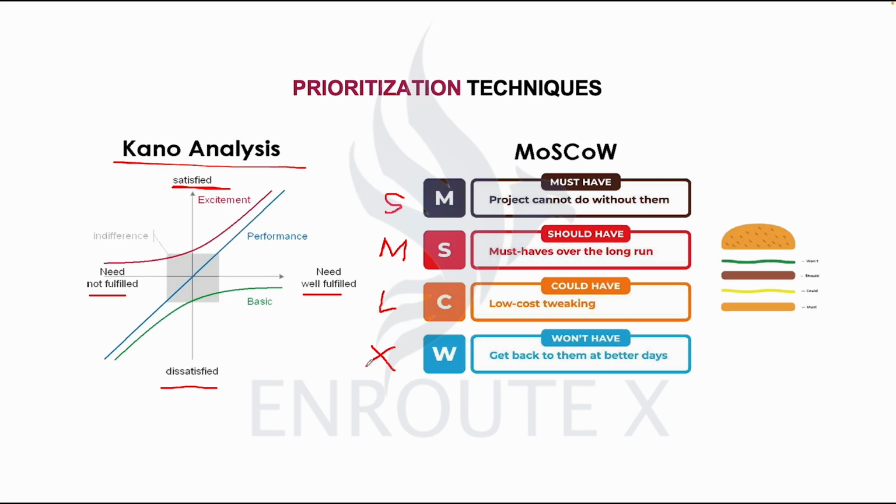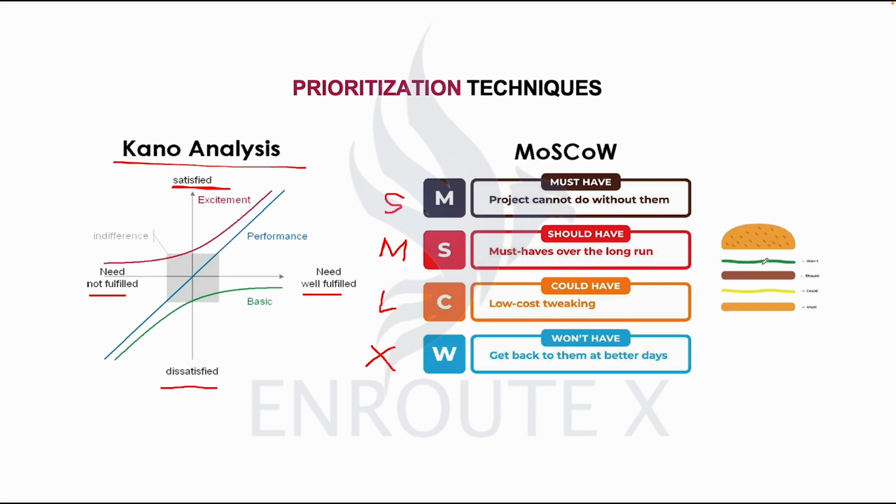So you want to quickly achieve the must haves first, then the ones you want to focus on when you have some more time. Lastly, the ones you want to deliver when you have more sufficient time.